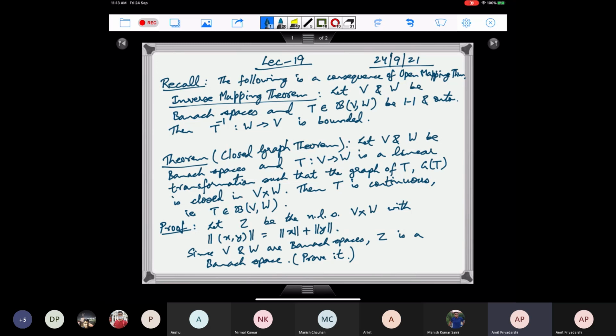To prove this, we define a norm on V cross W by norm of (x, y) is norm x plus norm y. With respect to this norm, the topology on V cross W is the same as the product topology. Because V and W are Banach spaces, this Z becomes a Banach space with this norm.